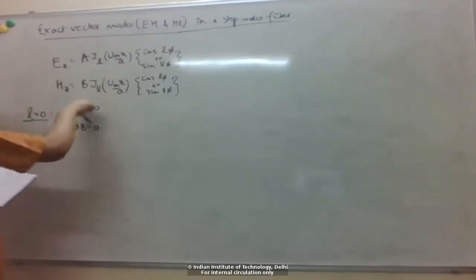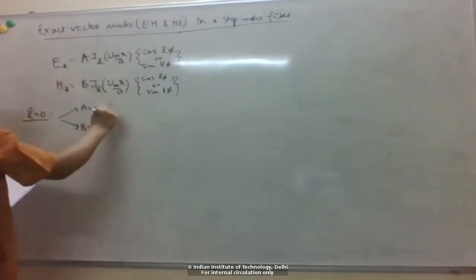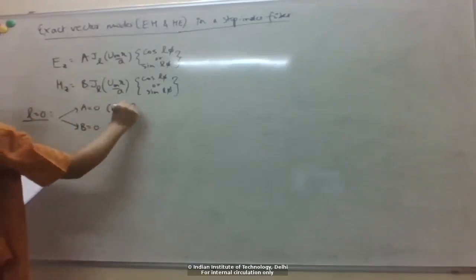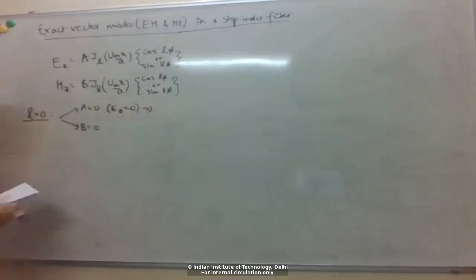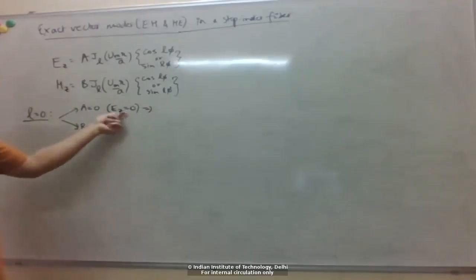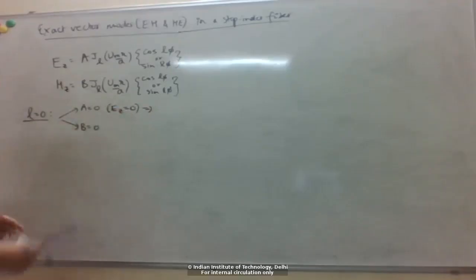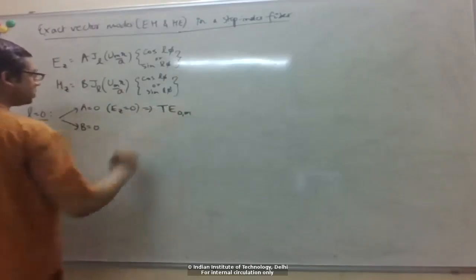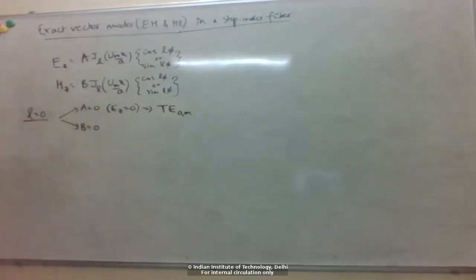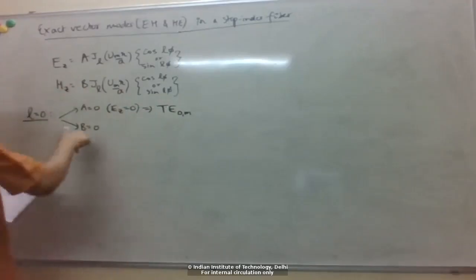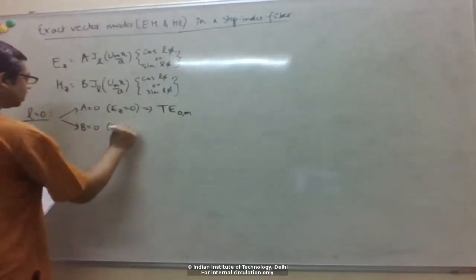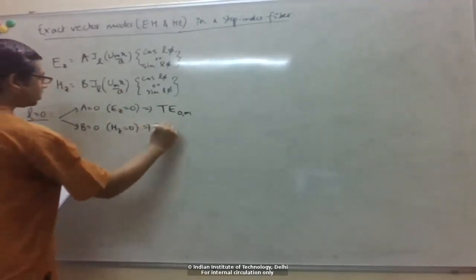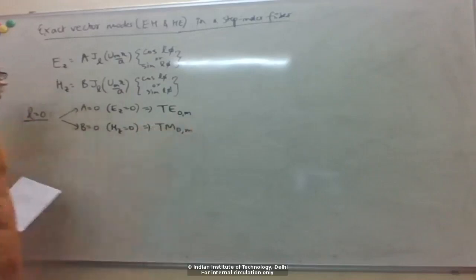In case A is 0, that means Ez is 0. So this would be a purely TE mode, because the longitudinal component of E is 0. These are denoted as TE0M modes. And if B is equal to 0, then they are TM modes, because the magnetic field is purely transverse now.